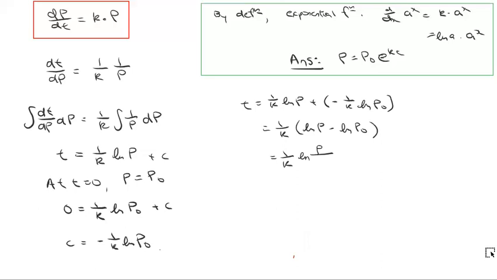It's P over P0. Yeah, it's your log rules. Now, at this point in time, we just need to make P the subject.